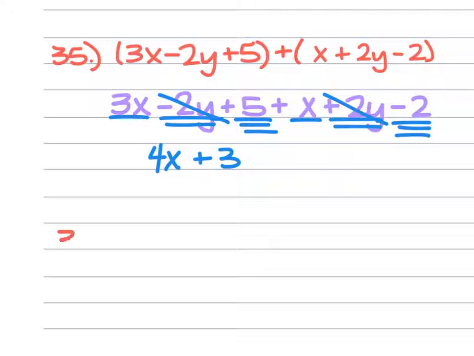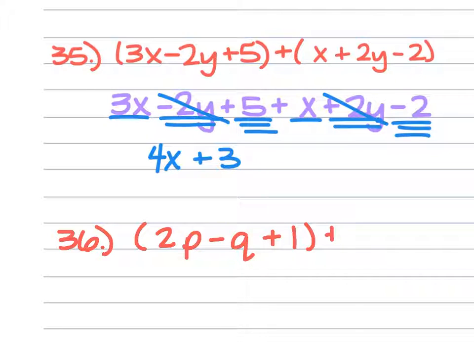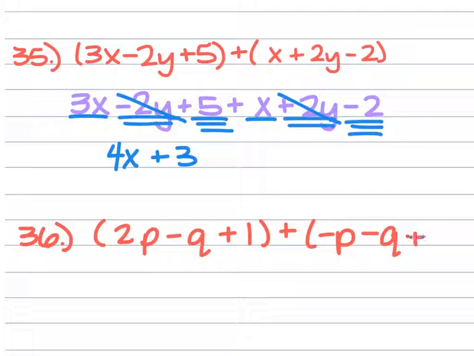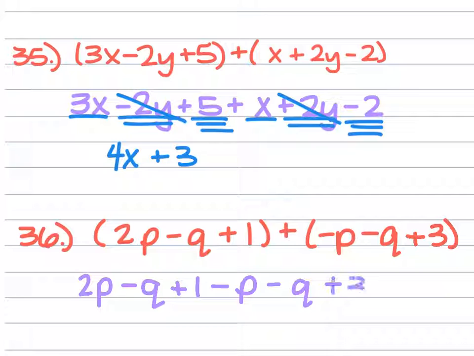For 36, we have 2p minus q plus 1 plus negative p minus q plus 3. So if we rewrite this with the parentheses, we have 2p minus q plus 1 minus p minus q plus 3.